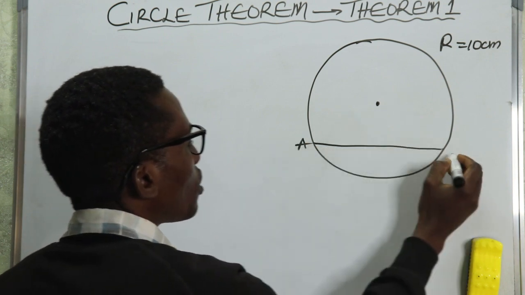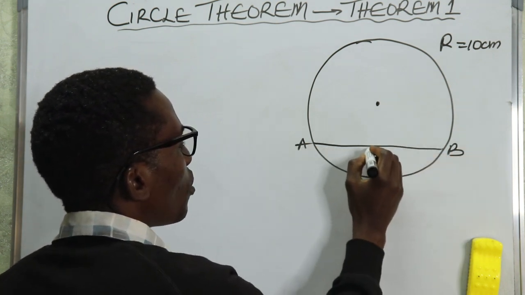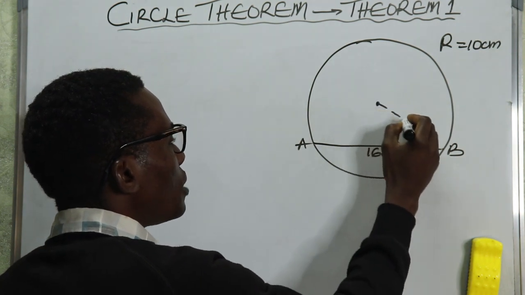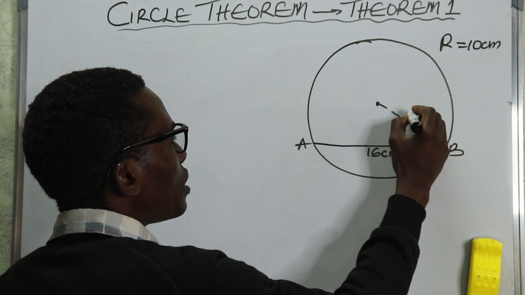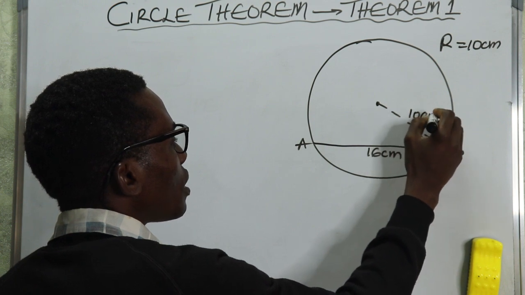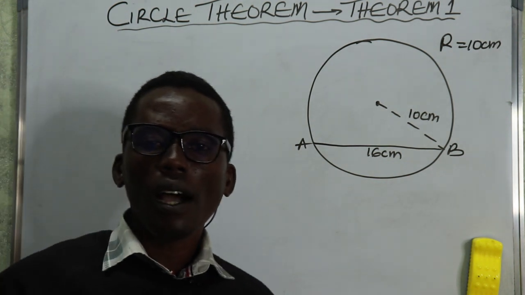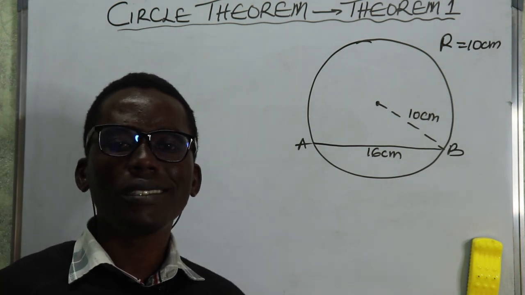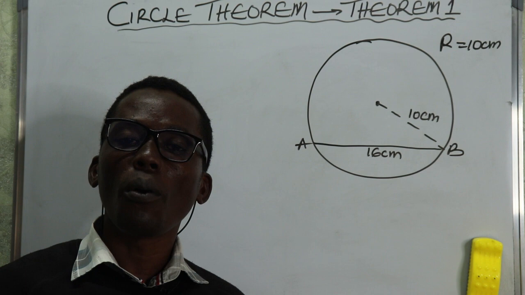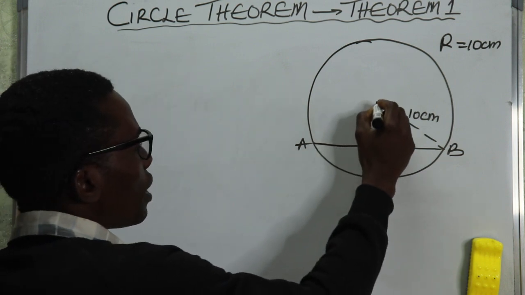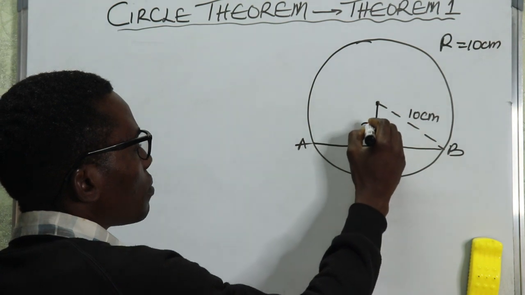We take the chord to be chord AB, and this chord is 16 centimeters. And we are told that the radius, which is this, is 10 centimeters. This is the center of the circle. Now they told us to calculate the distance of the chord from the center of the circle. This is the part they want you to calculate.